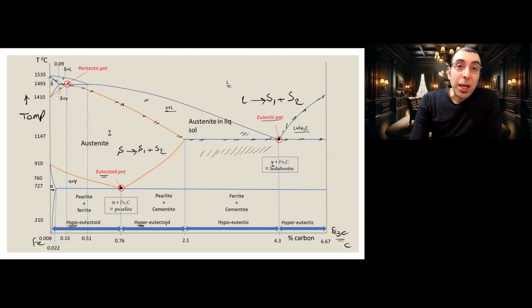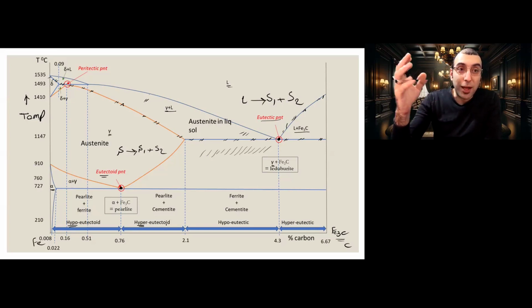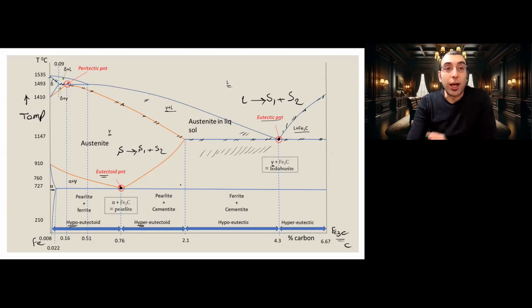And they make a lot of difference in terms of phase formation and therefore mechanical properties. I'll explain how. But first it's important to name them and define them, and then we'll get into more detail on what kind of phases form and how they form, what they look like under the microscope if you want to predict their formation. So this is about eutectic and eutectoid, and hypereutectic, hypereutectoid, all these important points.